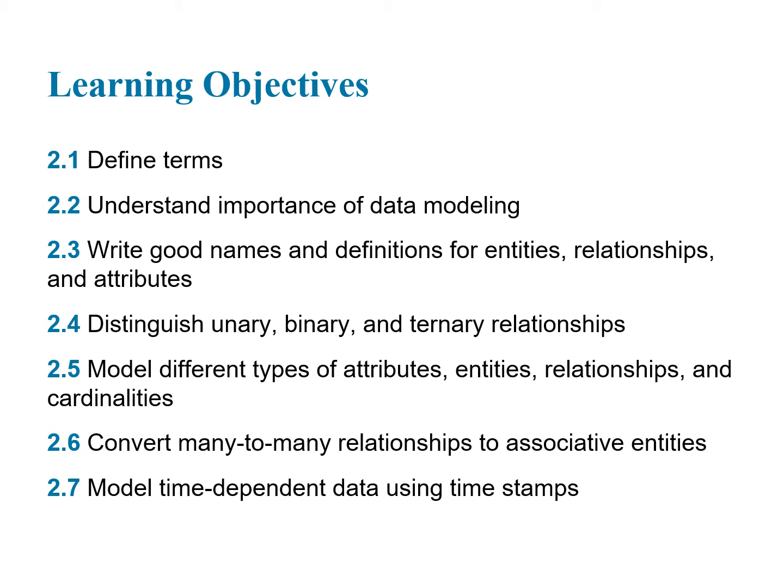And also, we will study how to make good names and definitions for entities, relationships, and attributes. Also, we will study the difference between unary, binary, and ternary relationships, and also how to model different types of attributes, entity relationships, and cardinalities.